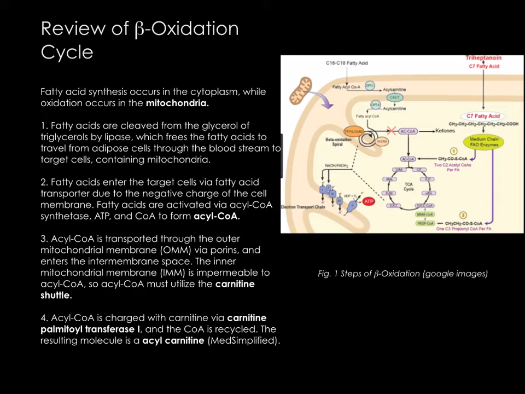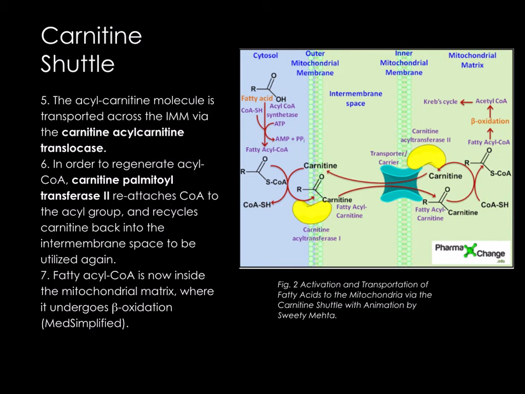Acyl-CoA is charged with carnitine via carnitine palmitoyltransferase 1, and then that CoA, which is attached to the acyl group, is going to be recycled to be used with the next fatty acid that comes along. The result of that cleavage is called acyl carnitine. So here's a better view of what the carnitine shuttle looks like.